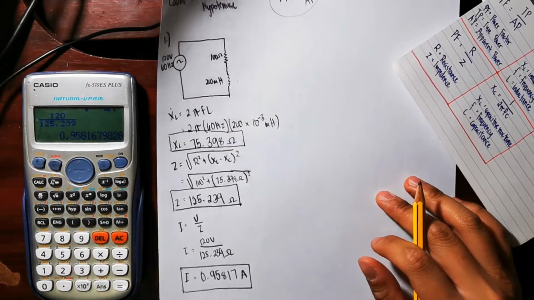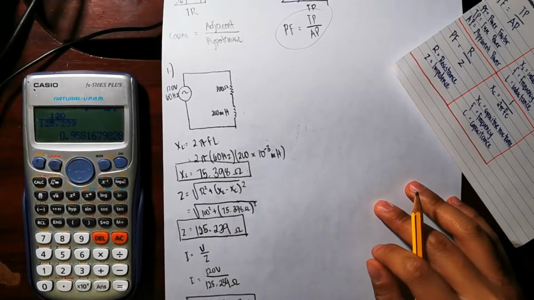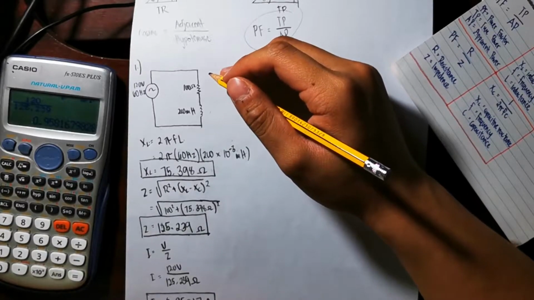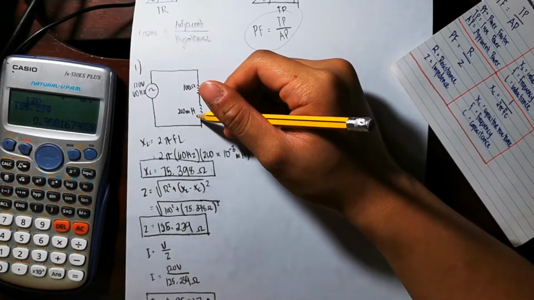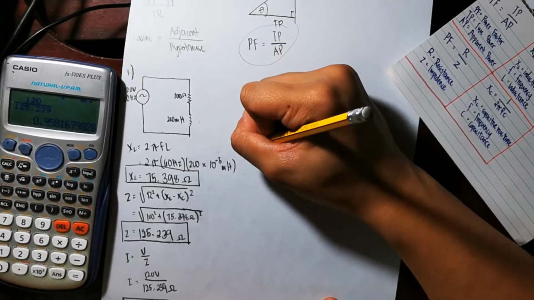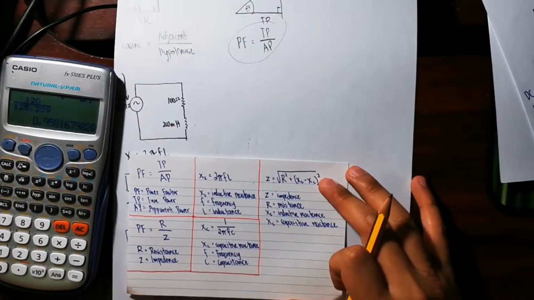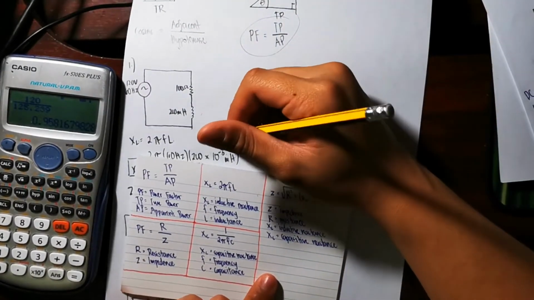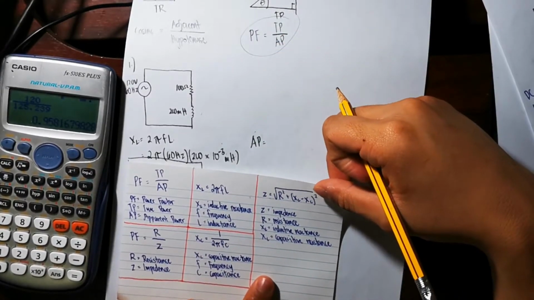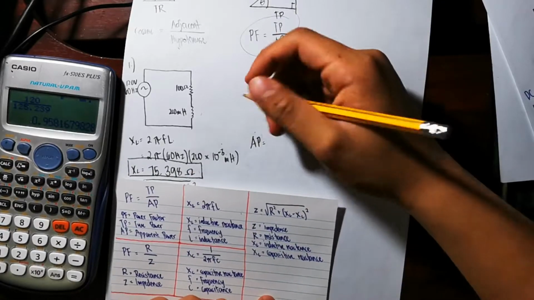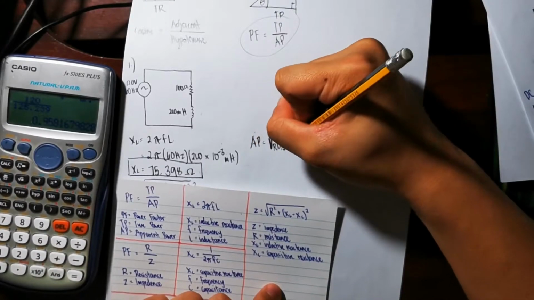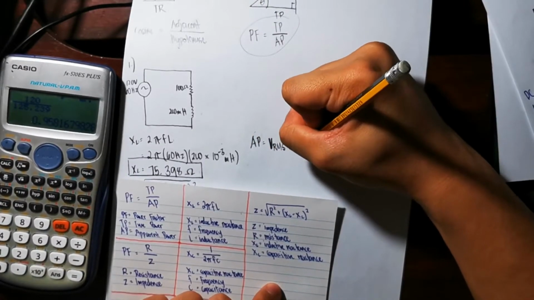And now we can calculate for the apparent power, which is volts RMS times current RMS. Based on our formula here, AP is equal to volts RMS times current RMS.